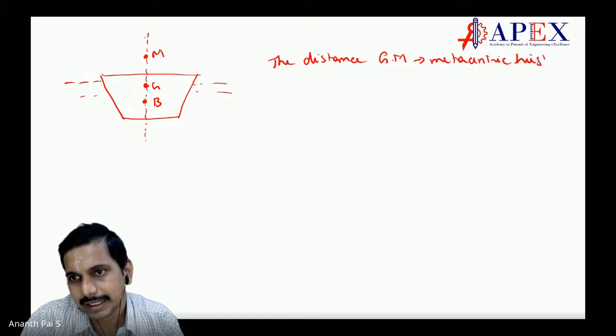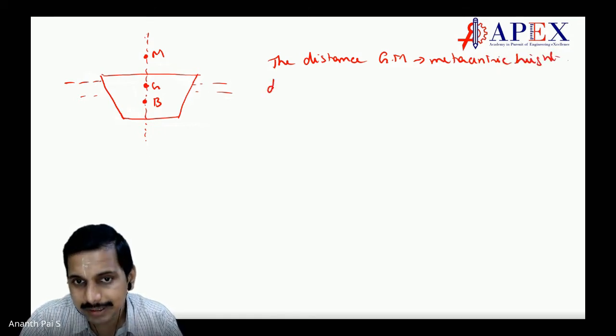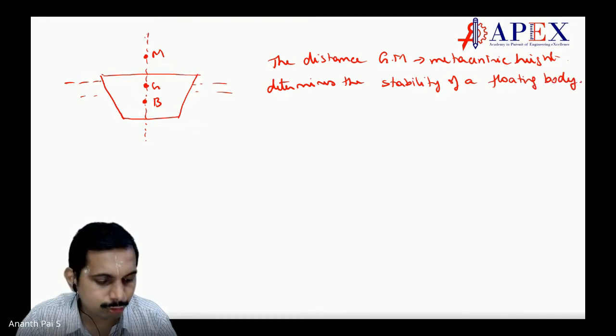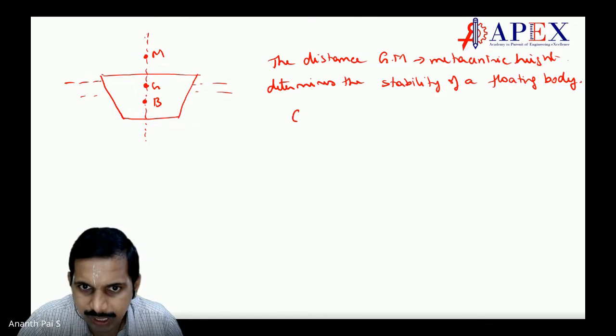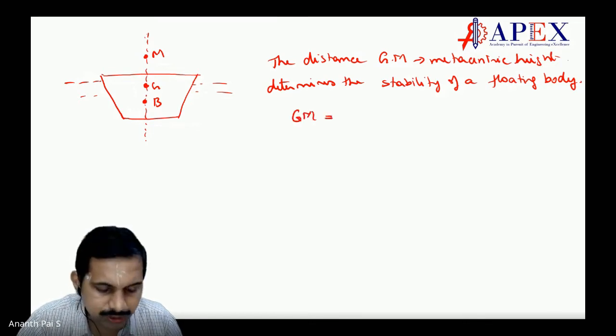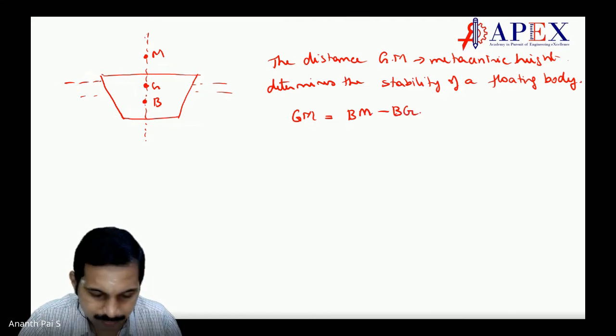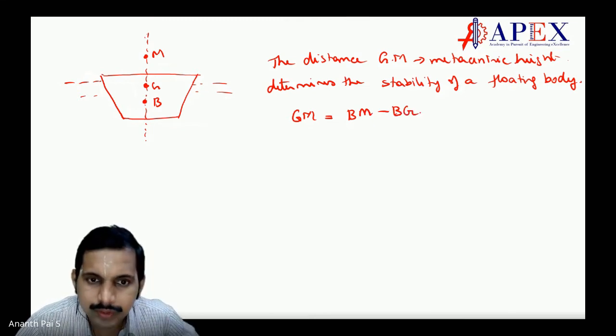Metacentric height determines the stability of a floating body. Now this GM is actually equal to BM minus BG. Very important.